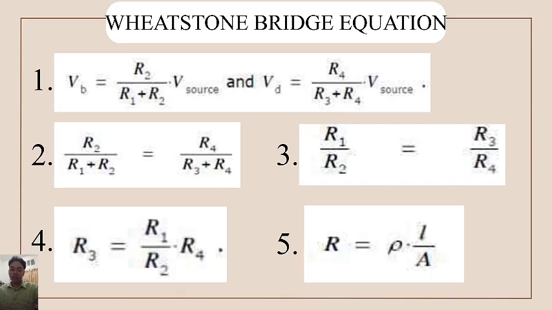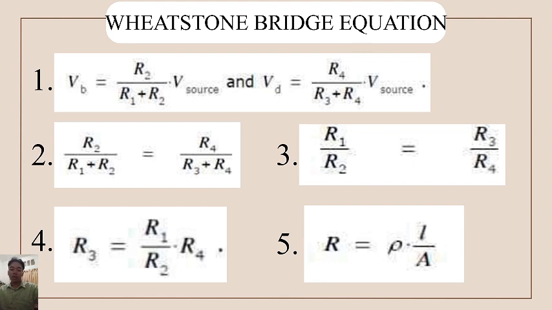The fraction represents how much of the source voltage appears at node B. And VD, as you can see in equation number 1, is the electrical potential at node D. R3 and R4 are the resistors in the right side voltage divider of the Wheatstone bridge.